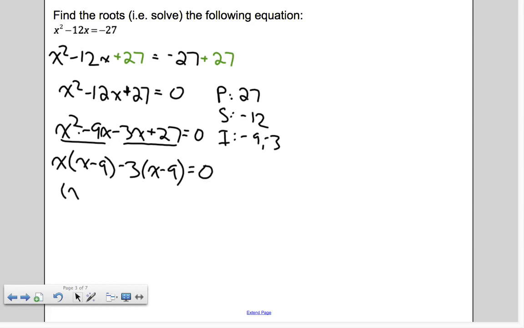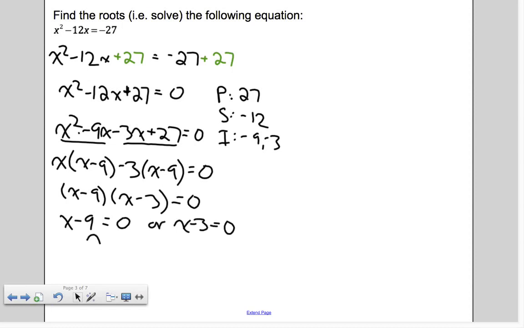So finally we have x minus 9 times x minus 3 is equal to 0. So therefore my roots are, well, I'll do it the long way. So it's x minus 9 is equal to 0, or x minus 3 is equal to 0. So here we have x equals 9, here we have x equals 3.